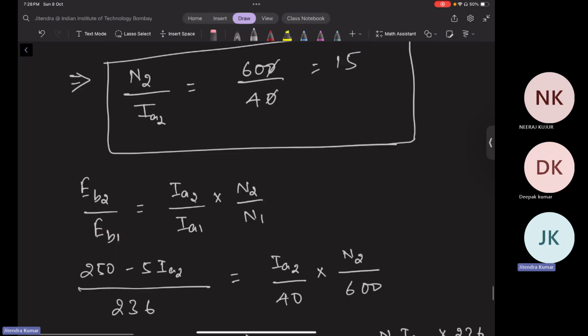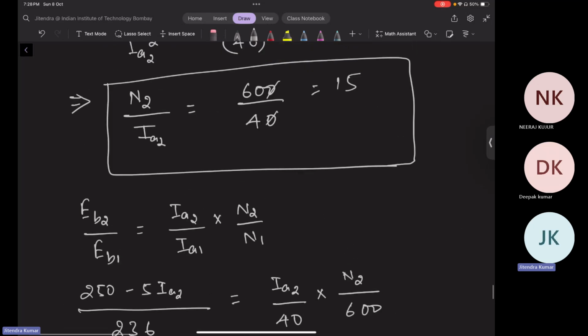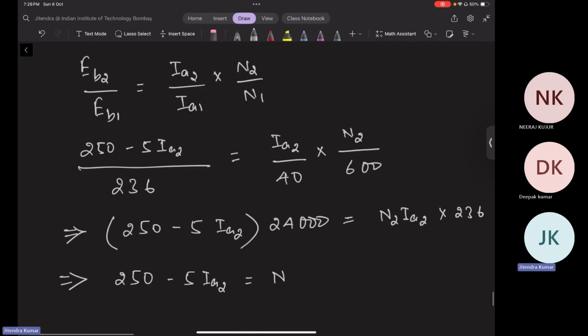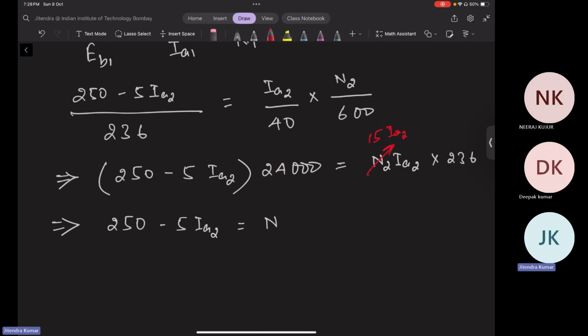So we should change the relationship from this, N2 by Ia2 is equal to 15. So N2 is equal to 15 Ia2, we can write it. So 15 Ia2 square into 236 divided by 24,000.